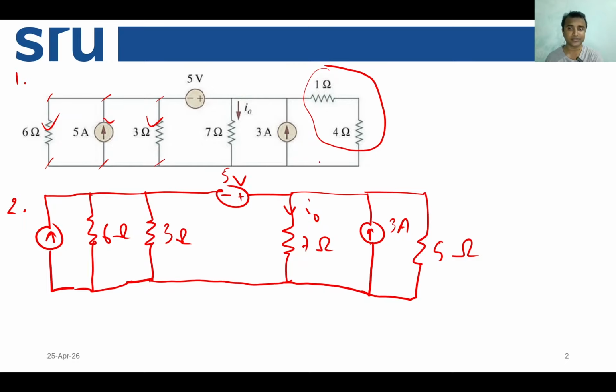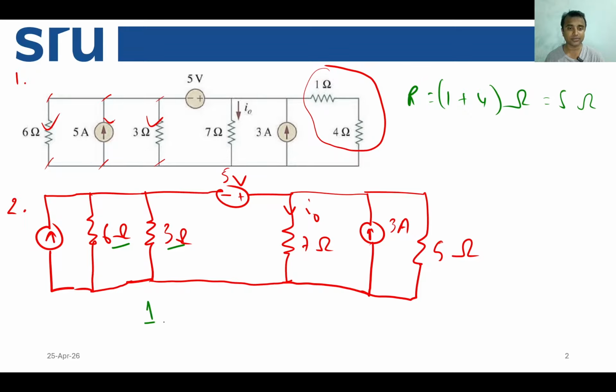This is pretty easy, as these two we have just calculated. Now this 6 and 3 are connected in parallel, so we can calculate that. Here R equivalent is 1 plus 4 ohm equal to 5 ohm, which we have calculated here. But what about this 6 and 3?